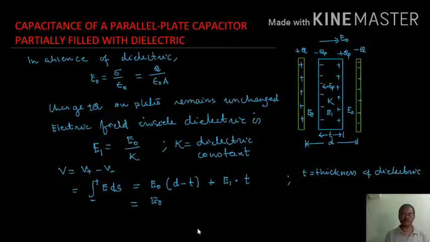This is equal to E0 into d minus t plus E1 into t, and E1 is E0 by K, so E0 by K into t.